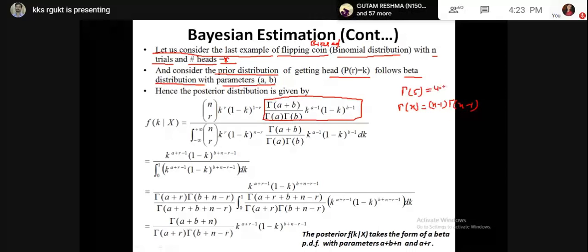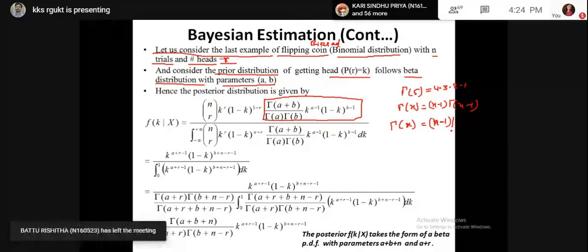Again, gamma of 4 can be written as 3 times gamma of 3, gamma of 3 as 2 times gamma of 2, and gamma of 2 as 1 times gamma 1. Gamma 1 is 1. So if x is an integer, then gamma of x is factorial of x minus 1.